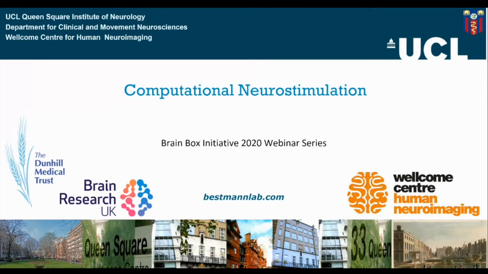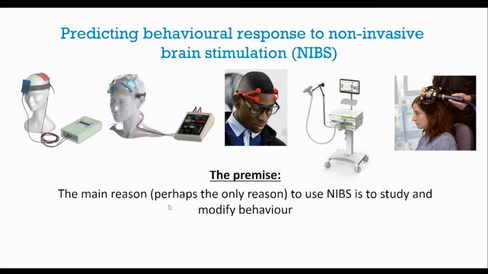The way we think about brain stimulation is, in essence, that we want to use it to study or modify behavior. And I would perhaps argue that that's ultimately the only reason why you should use this. This means studying or modifying behavior in healthy participants, but also in disease.